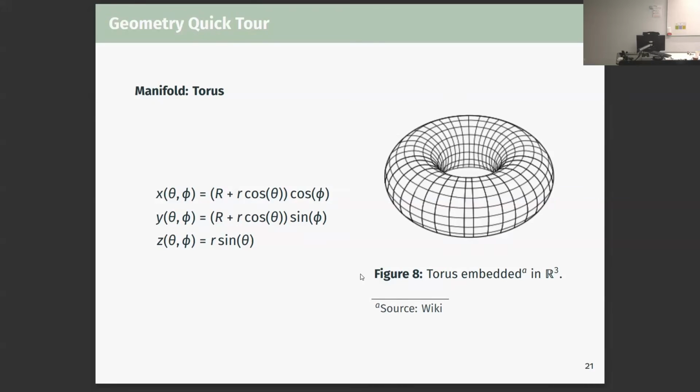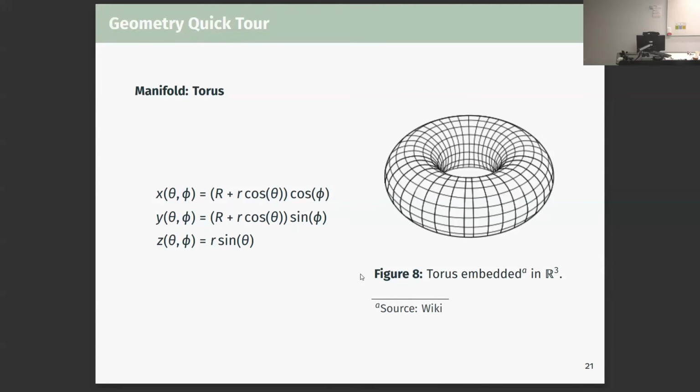All you need to do to tell where you are is look at a coordinate map and plug it in, and that puts you someplace on the manifold. This detachment of the thing you're studying from the coordinates that tell you how to get around it is the basis for manifold theory.